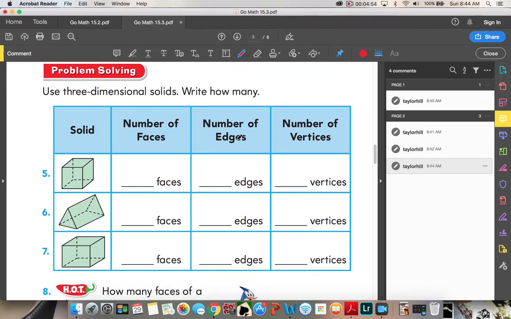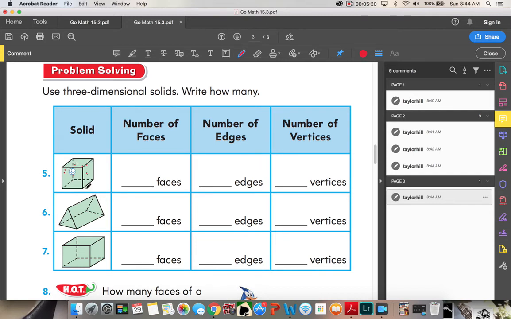All right, use three-dimensional solids, write how many. Okay, so for the solid, we have our cube, our triangular prism, and our rectangular prism. Then we're going to write the number of faces, the number of edges, and the number of vertices. Okay, the number of faces for the cube is going to be the number of flat surfaces. 1, 2, 3, 4.